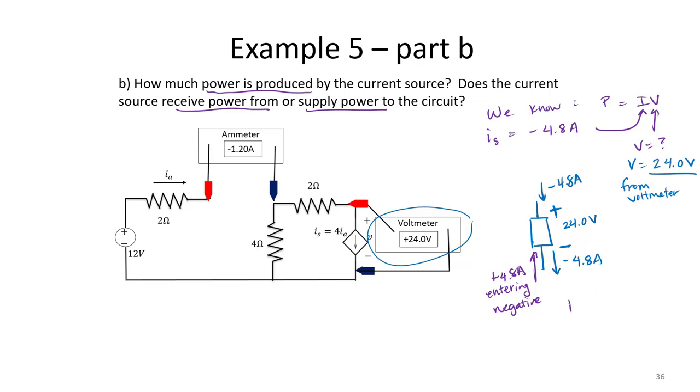So we can determine that our power P is equal to IV, which in this case is equal to our 4.8 amps times 24 volts. We multiply that through, that's 115.2 watts.